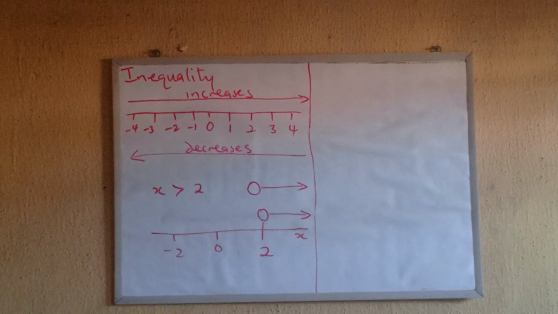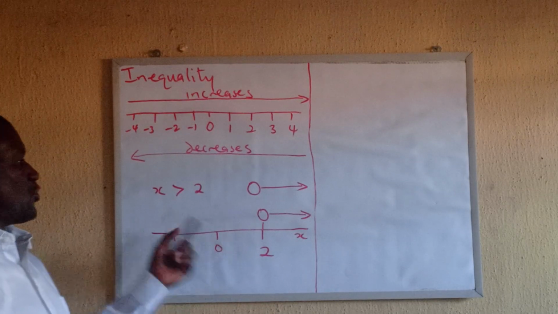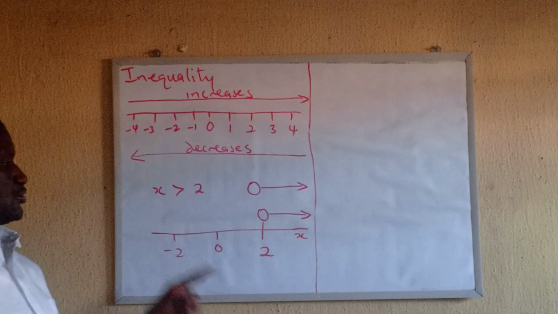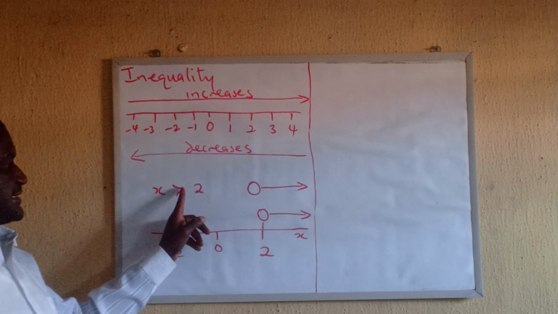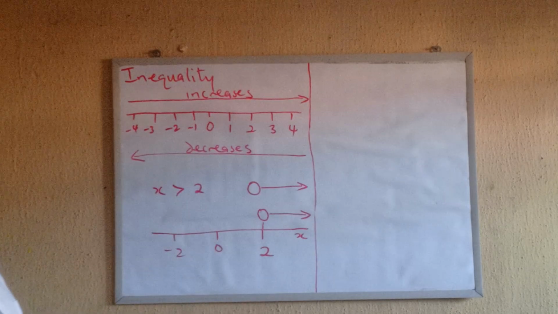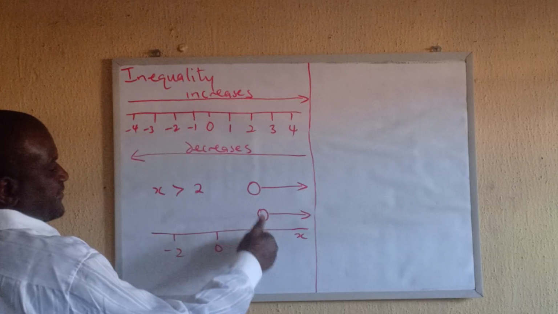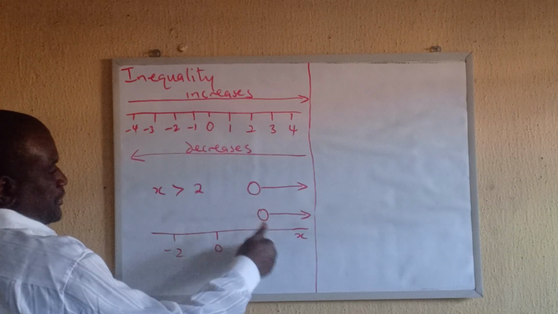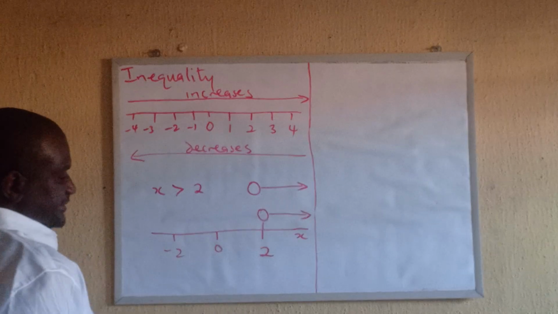So this is a sketch of a graph of inequality, say x greater than 2. It will be on this 2. At this vertex here, the direction is how we'll guide you. So what are numbers after 2 here? You have 2.5, you have 2.1, 2.2, like that, even up to 3, 4, 5. But we're dealing with the integers.